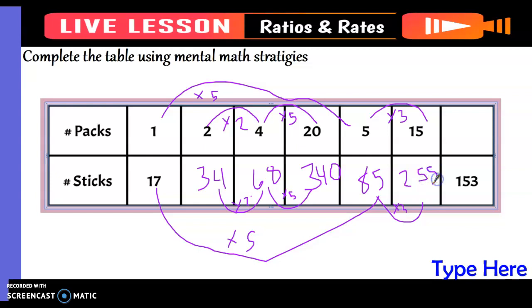So now I have this weird number, 153. How in the world can I figure out how many packs have 153 sticks? Well, I may have to find a relationship here. So I'm thinking maybe there's a relationship between 17 and 153.